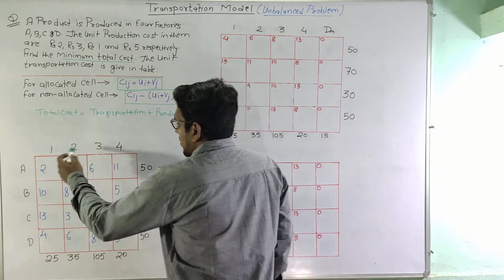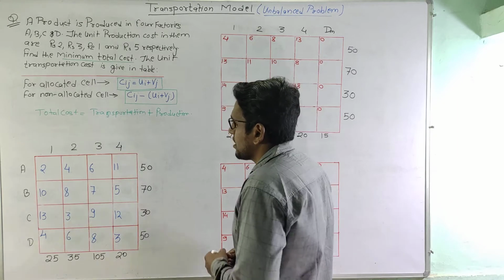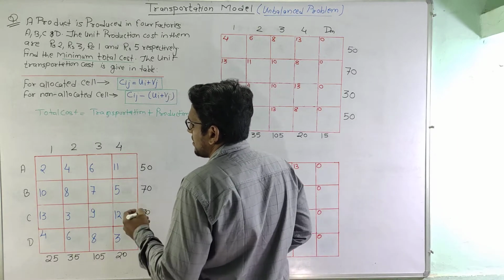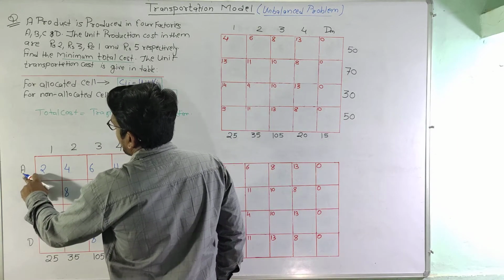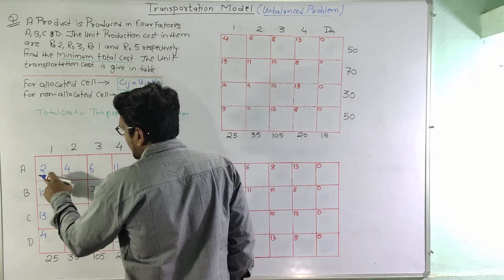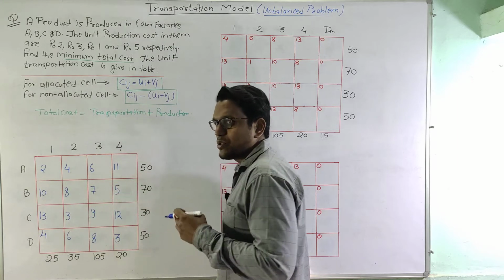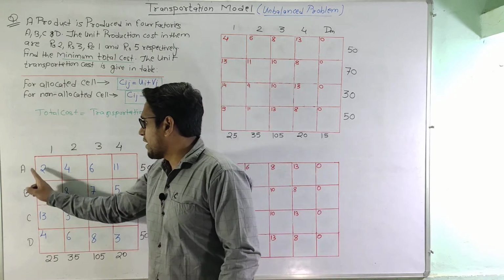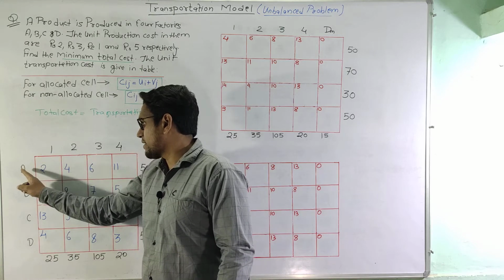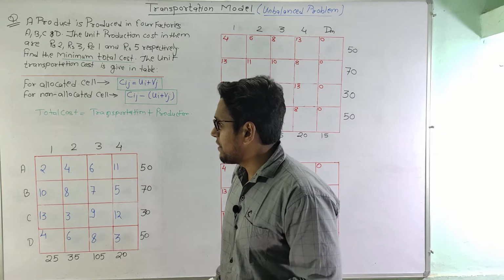So if we modify this matrix, the total cost can be given as, for factory A the production cost is rupees 2. That means we have to add rupees 2 to each of these values, so that the total cost from factory A to store 1, store 2, store 3 and store 4 can be identified.